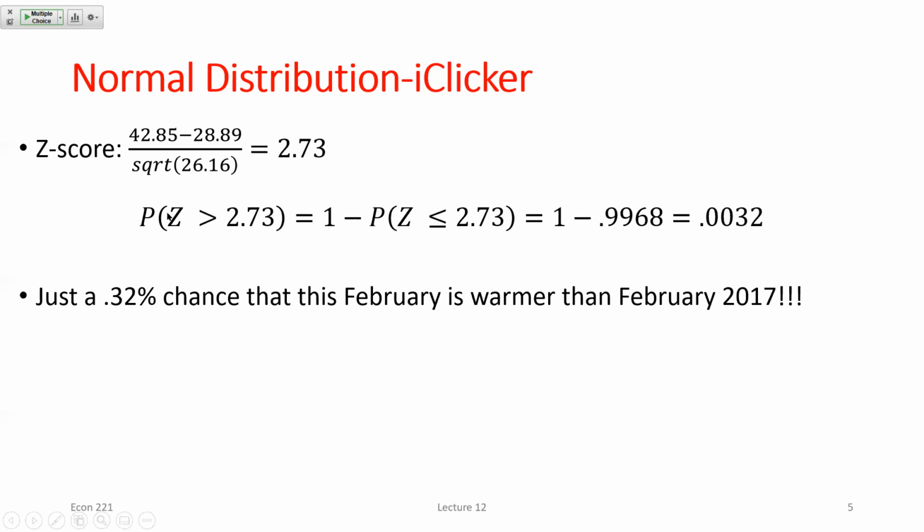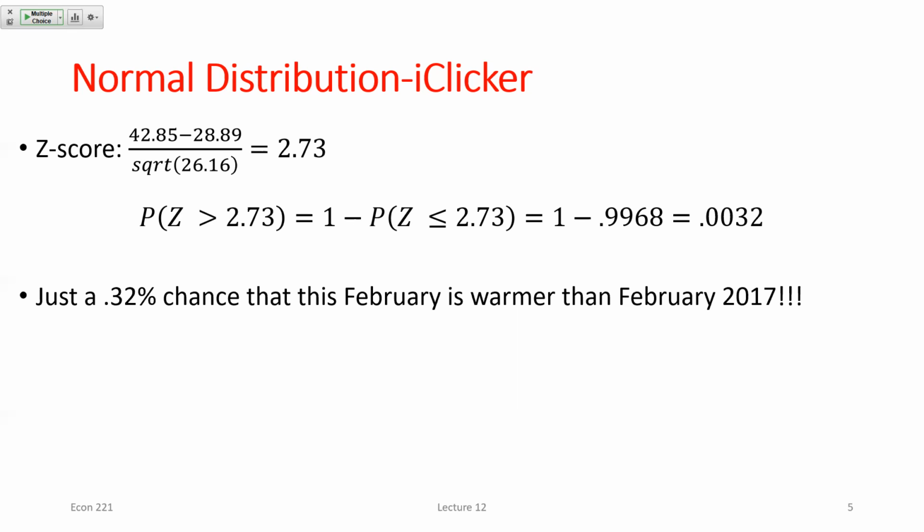So I chose this example because it was really interesting, and I kept it in there because these were actually the real numbers. Back in 2017, before any of you were here, well, maybe some of you were, I don't know, but hopefully not. We saw the average temperature be 42.5. So what was the likelihood of seeing it be that warm?